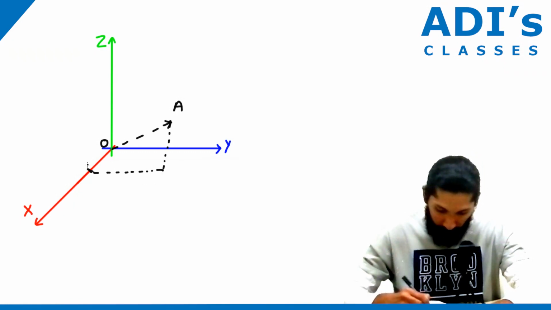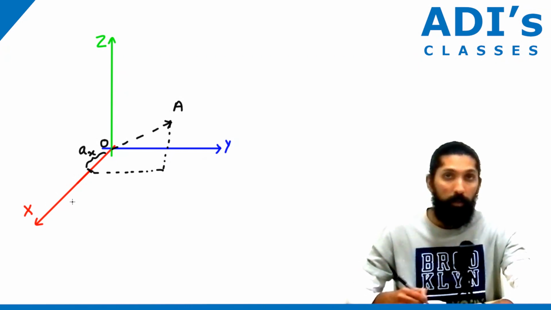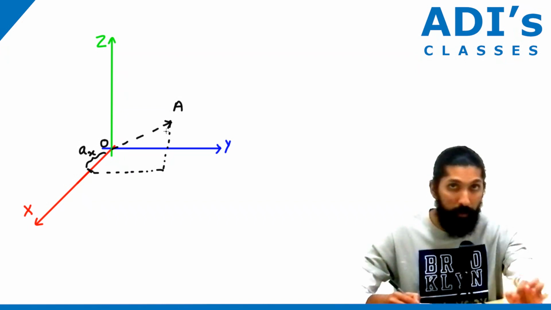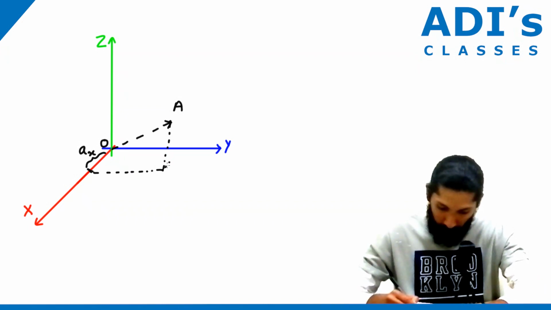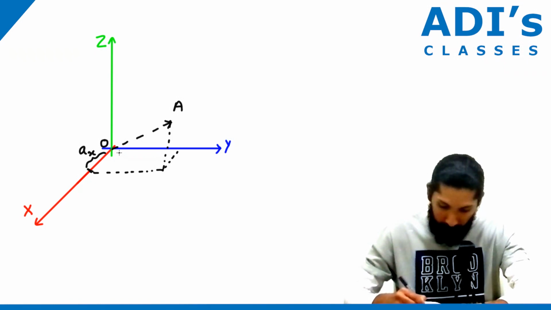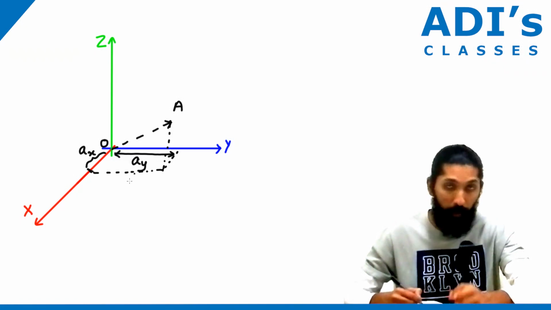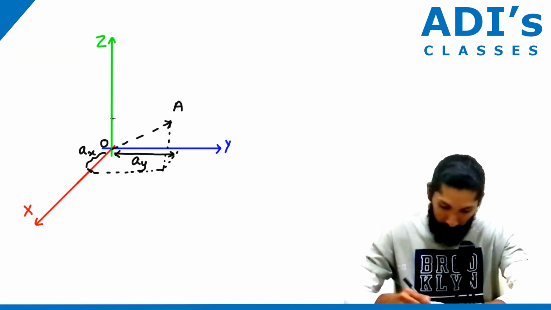So this is ax, the x component of vector A. Here this distance is ay, the y component, and this distance is az.